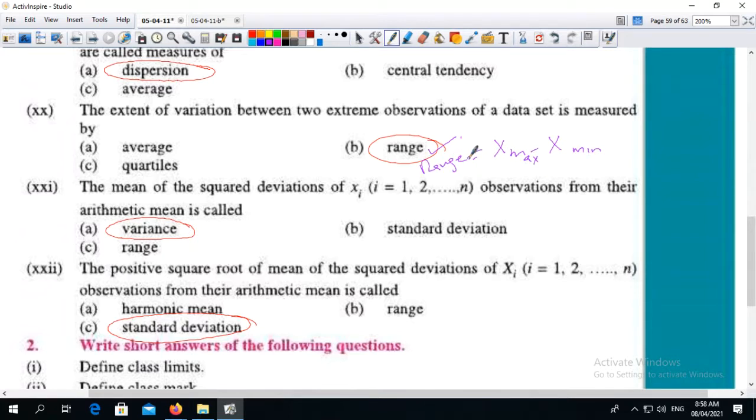The mean of the square deviations of the observations from their arithmetic mean is variance. Square of standard deviation is variance.